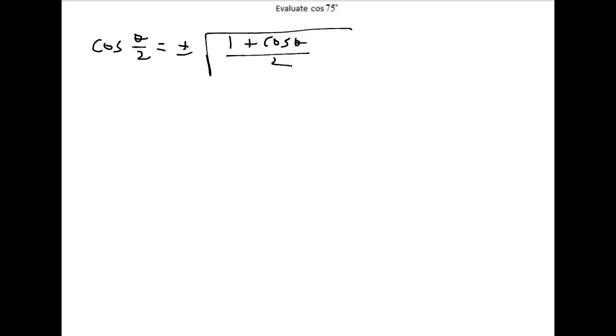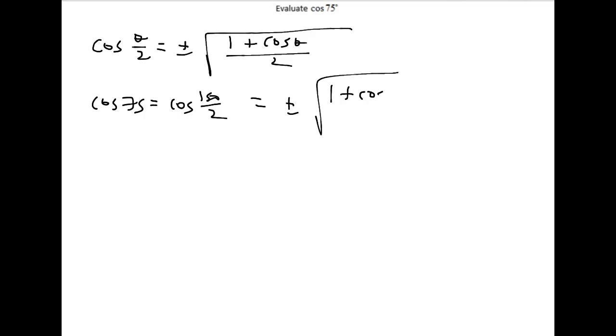Remember, cosine of 75 is equal to the cosine of 150 over 2. So in this formula, we're going to plug in the cosine of 150, whatever that is. So this is going to equal plus or minus the square root of 1 plus the cosine of 150, over 2.